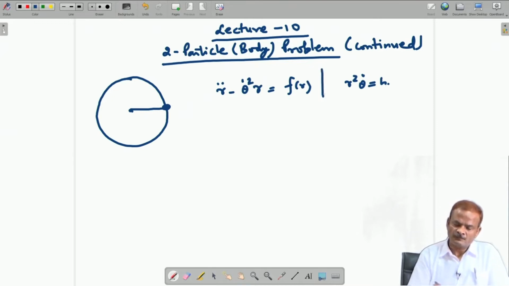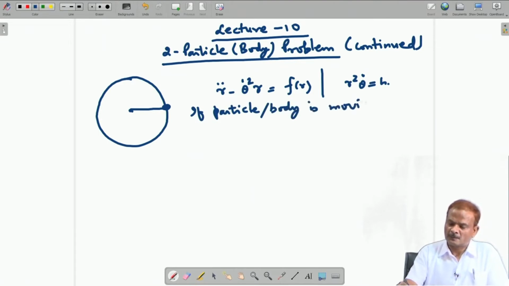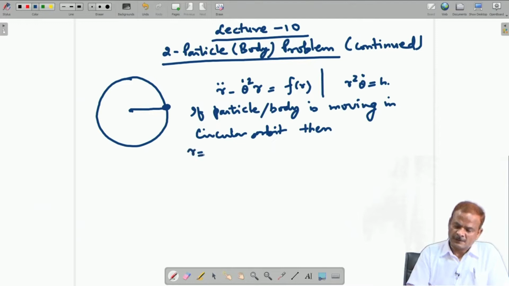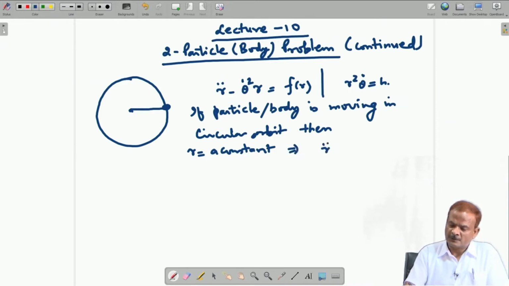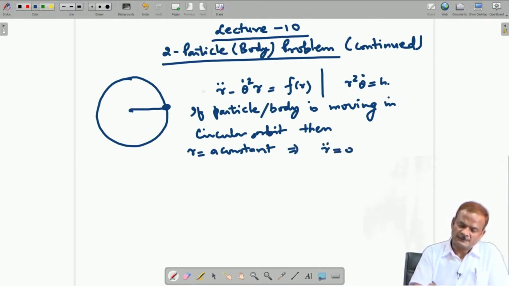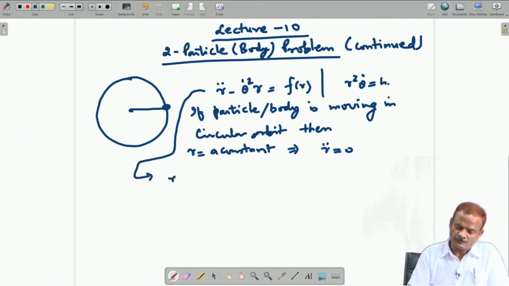If the particle is moving in a circular orbit, then r is a constant, and therefore r double dot will be 0. So this equation gets reduced to minus r times theta dot square equal to f r.